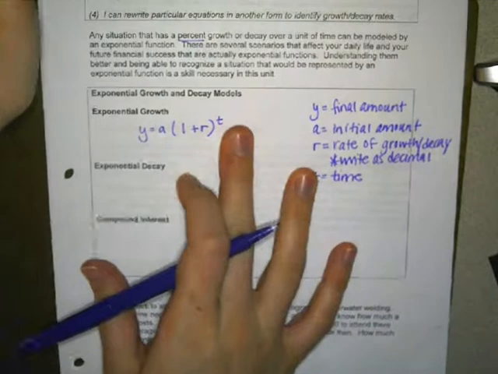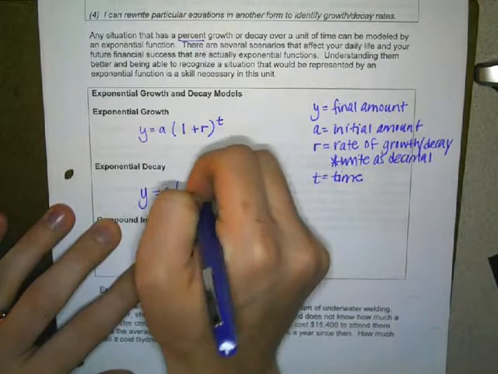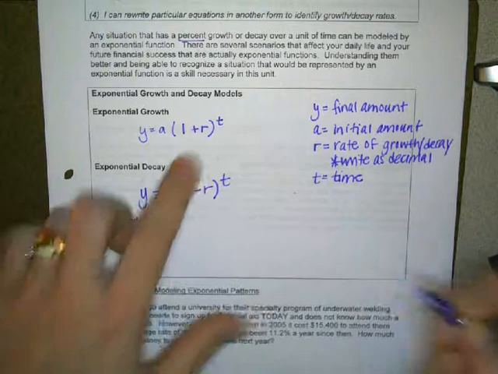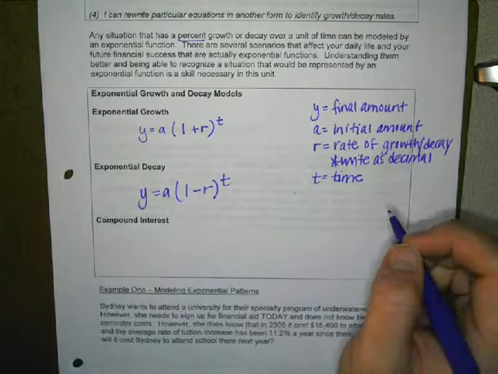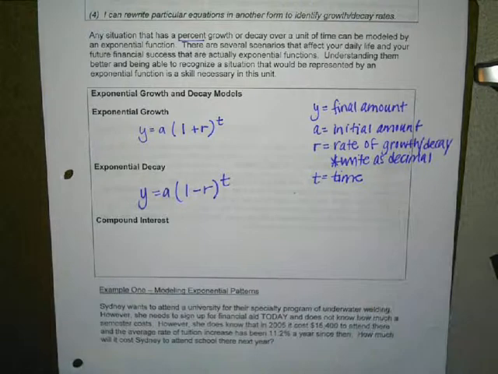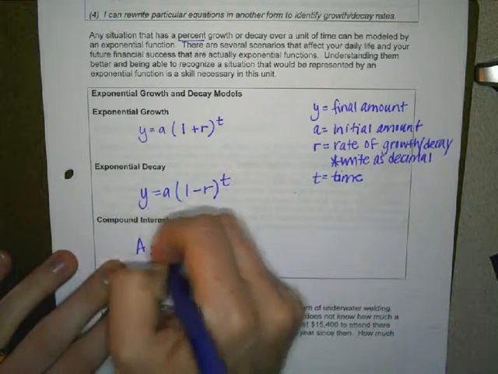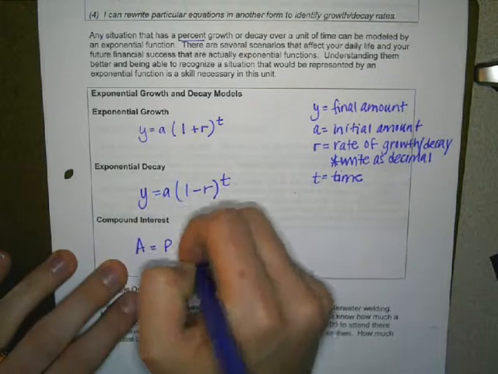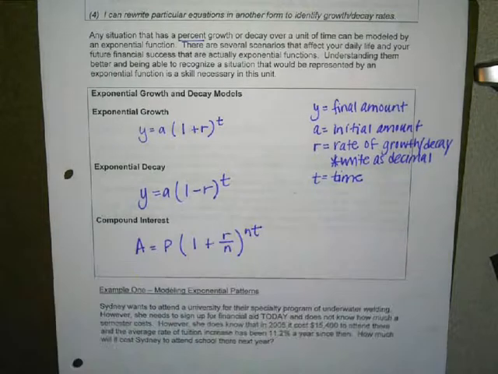Exponential decay is almost exactly the same, except instead of increasing by a certain rate, you're going to be decreasing by a certain rate. So it's 1 minus r in the parentheses instead of 1 plus r. And compound interest looks like this.